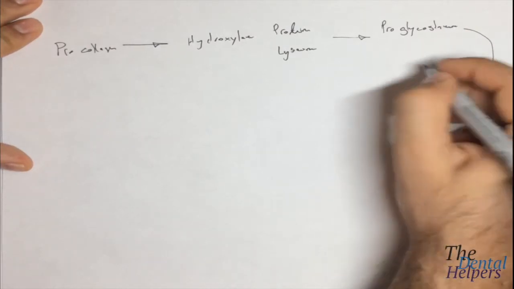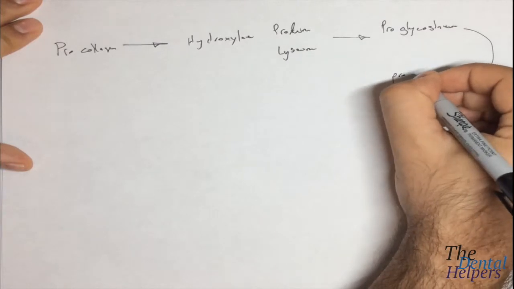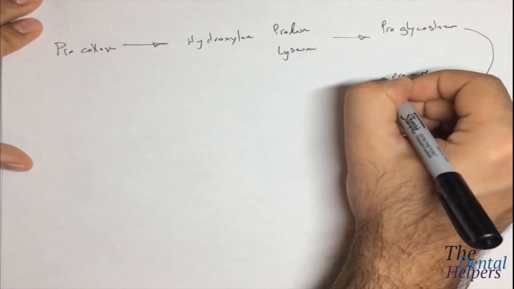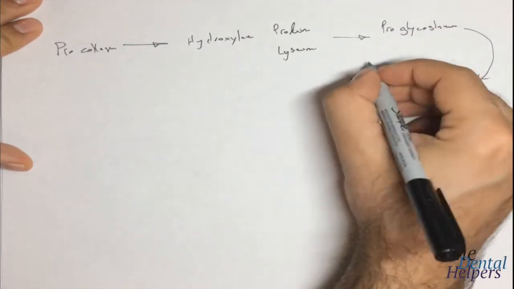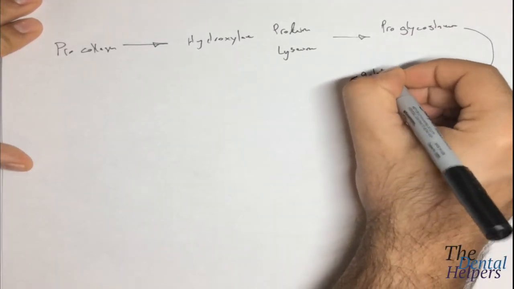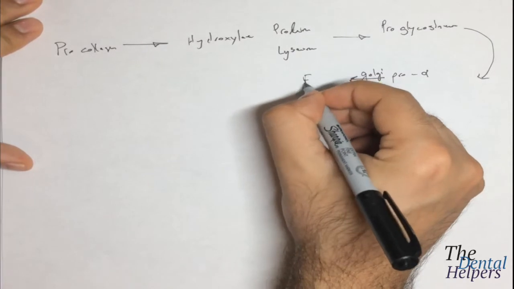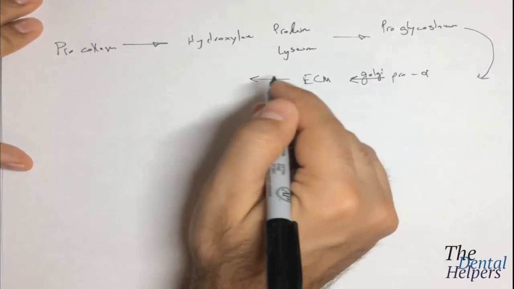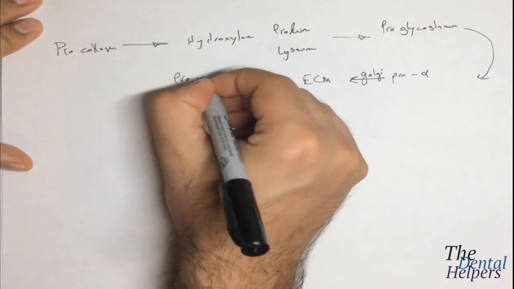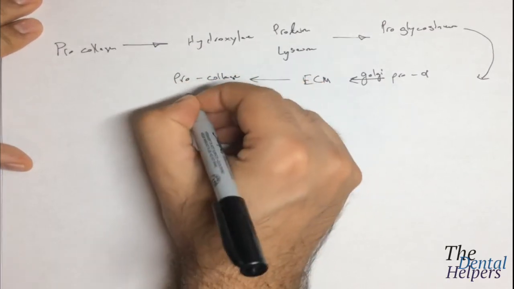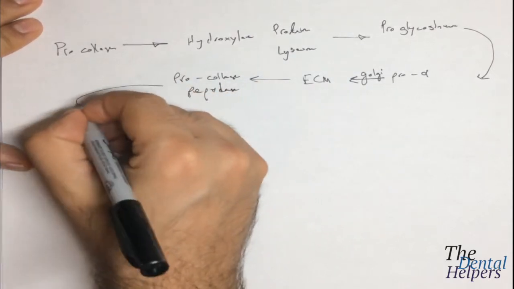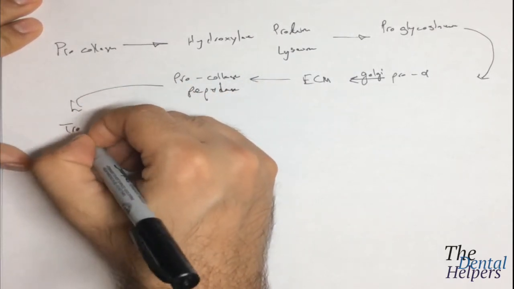And this takes us down to the pro-alpha chain, which becomes a triple helix. And it's going to enter the Golgi and integrate into the extracellular matrix. And now we have the procollagen peptidase leading to tropocollagen.